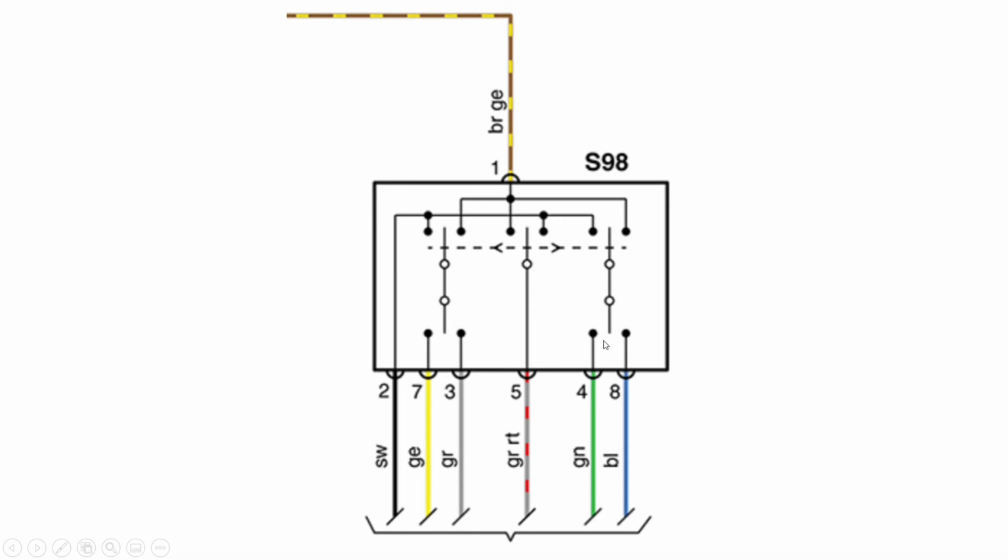Now this lower part here, the contact can move to connect to the green wire, so pin number 4, or it can swing across to the right as we look at it to connect to pin number 8 and allow current to flow through the blue wire. So this part of the switch is the bit that switches between the passenger side and the driver's side, or the left and the right mirror.